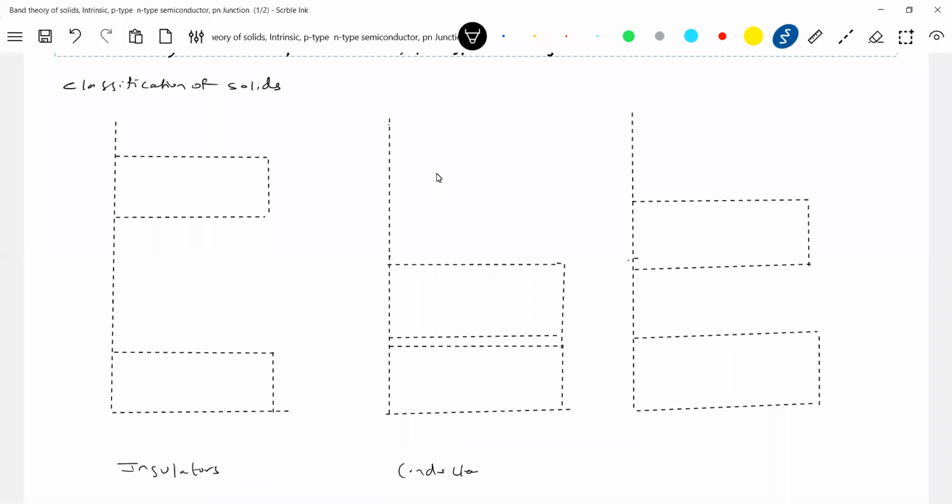This is for conductors. This is for semiconductors.